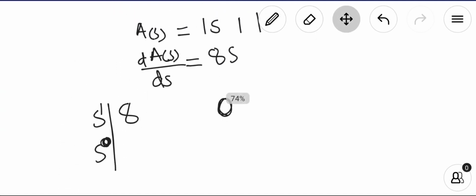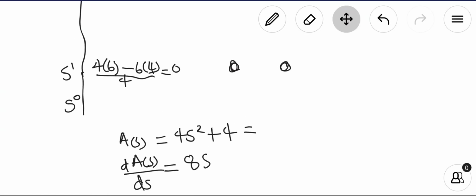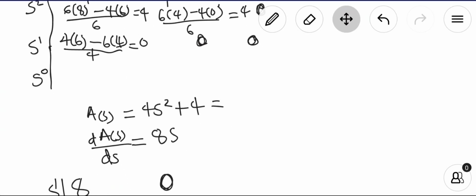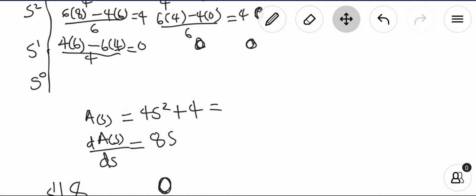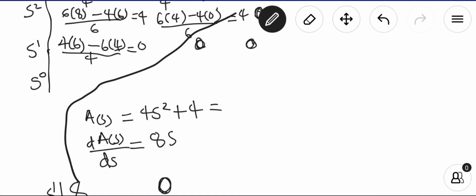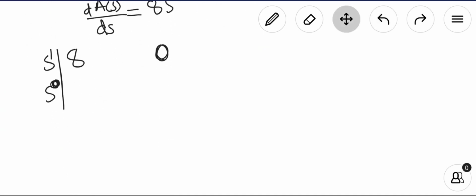To get the last value, just as we did before, it will be 8 times 4 minus 4 times 0, all divided by 8.